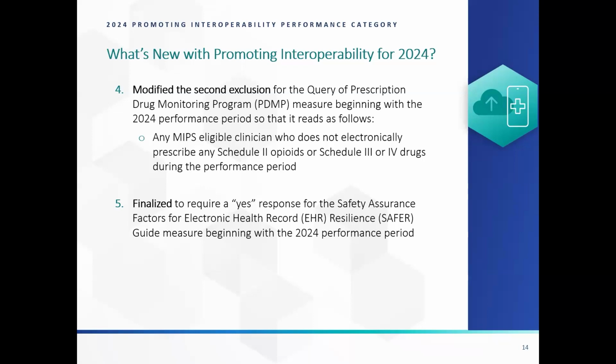So we changed this to specifically fit the measure. We also finalized that for the Safety Assurance Factors for EHR Resilience, or SAFER Guides measure, we used to accept a yes or a no, and starting in 2024, you must submit a yes. If you leave it blank, or if you submit a no, that doesn't fulfill the measure. Next slide, please.